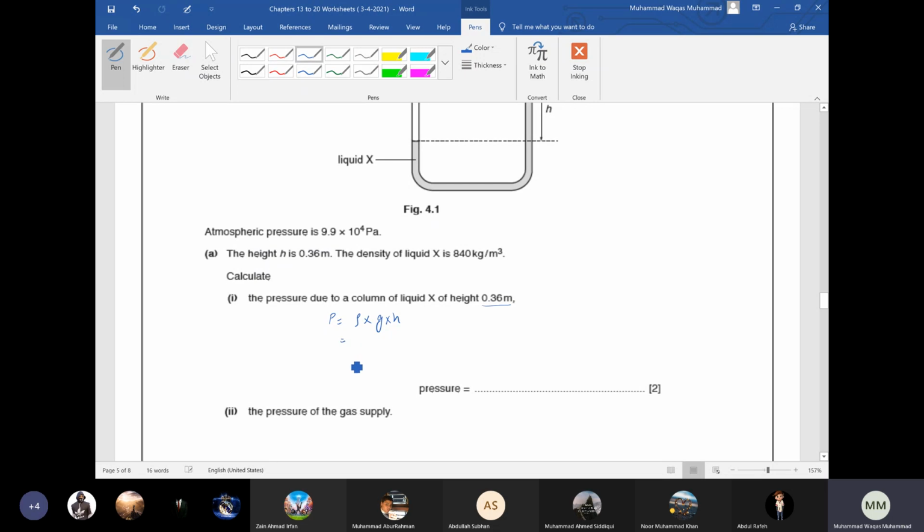Okay. So beta, what is the density of the liquid? Sir, 840. Shabash. Liquid X has the density of 840, times the value of G, 10, times H, which is 0.36. Now beta, if you multiply these, Abdullah Subhan, Shabash, multiply them and tell me what you get. 3024.